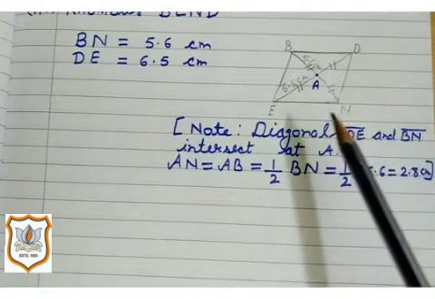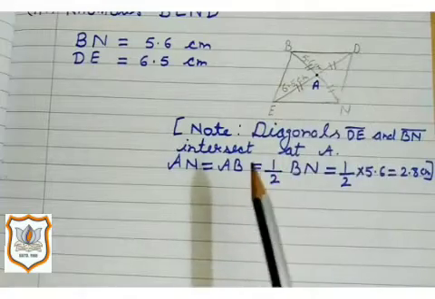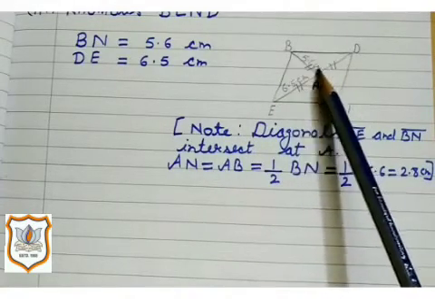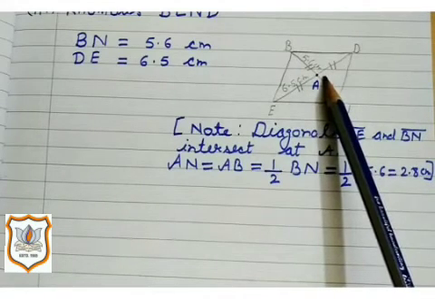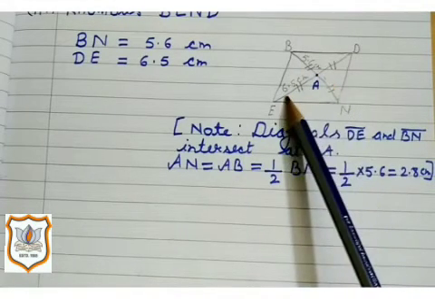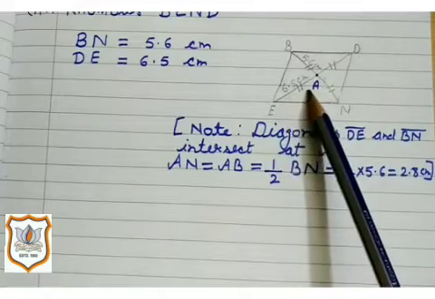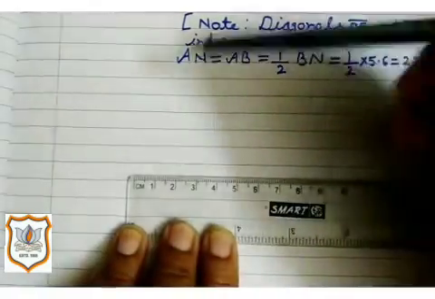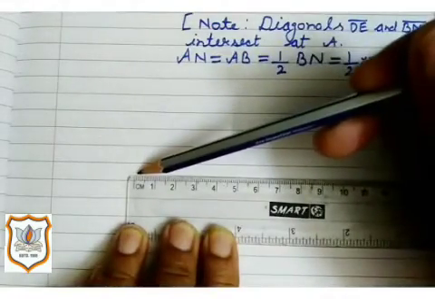Here two diagonals are given. One is 6.5 centimeter and other is 5.6 centimeter. So first we will draw a line segment of 6.5 centimeter.